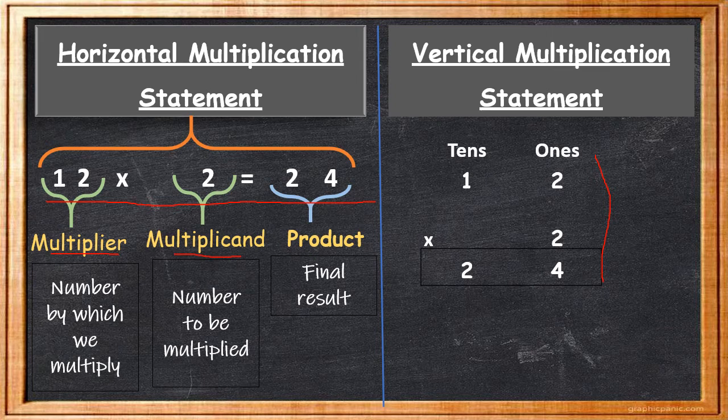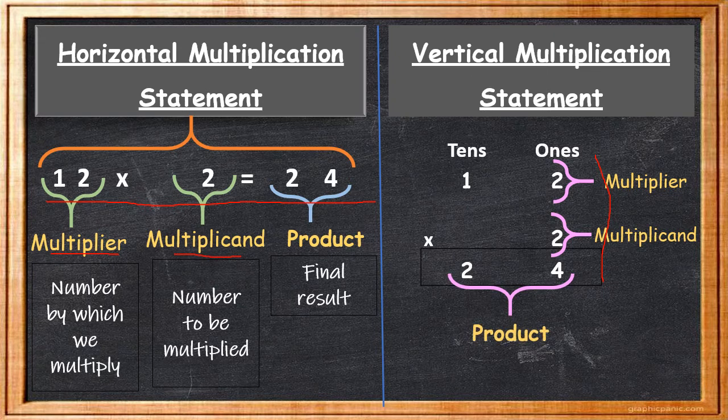The first number on the top is known as multiplier, the number by which we multiply. The second number is multiplicand, the number which is supposed to be multiplied. And the final result is product. Is it clear, children?